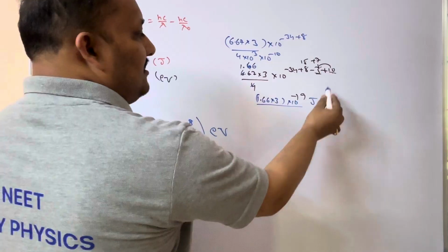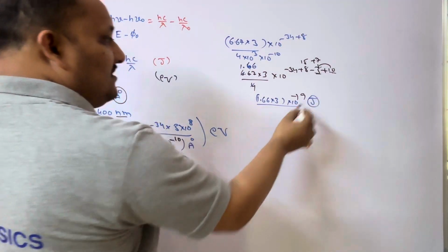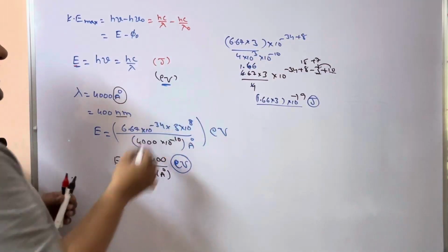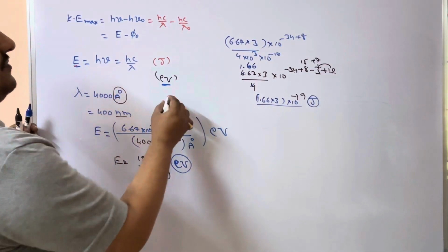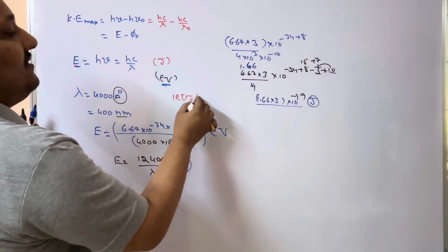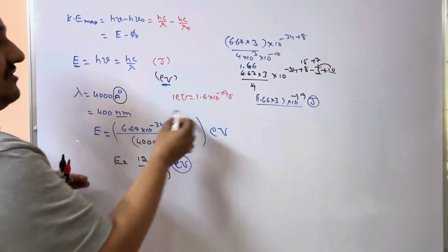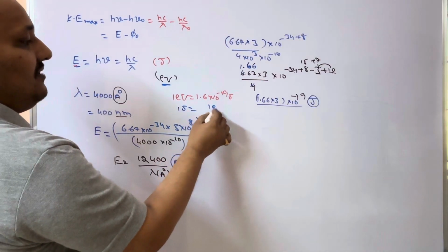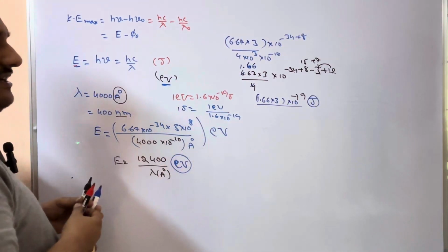This is in joules. Now see here, if you want to convert joules into electron volt, what we have to do: 1 eV is equal to 1.6 into 10 power minus 19 joules. So 1 joule is equal to 1 eV by 1.6 into 10 power minus 19.